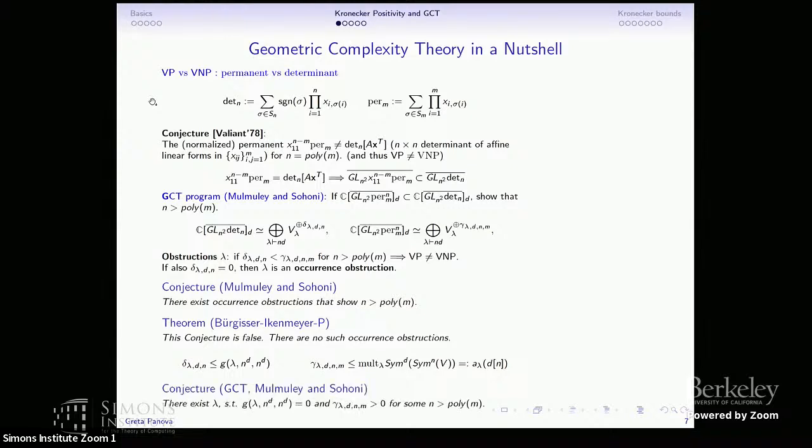The first conjecture, actually, even before the one we disproved, was that instead of looking at lambdas which don't show up in the determinant, we can directly look at lambdas for which the upper bound given by the Kronecker coefficient is 0, and which show up in the permanent, and that such lambdas would exist.